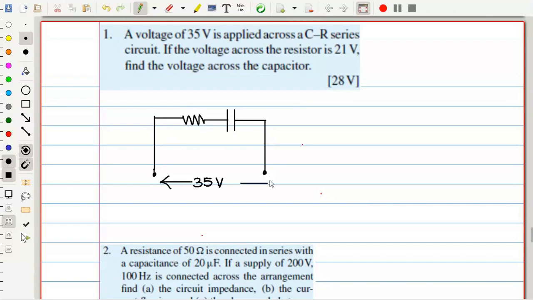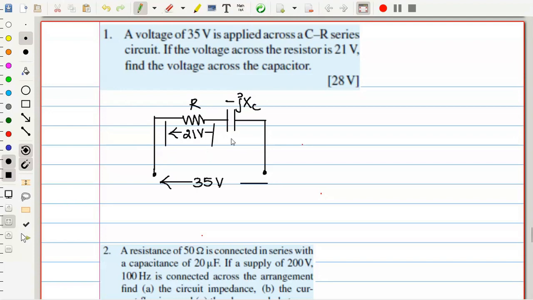So next, what we need to do? The voltage across the resistor is 21 volts. This is the resistor, this is the capacitor, but I want to show it in the frequency domain, so this is minus j XC. They clearly stated that the voltage across the resistor is 21 volts.